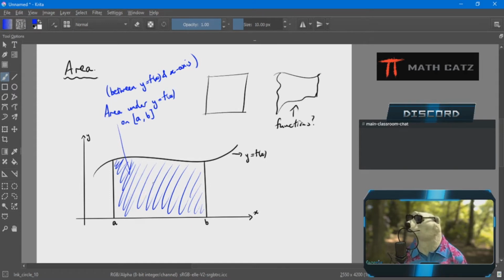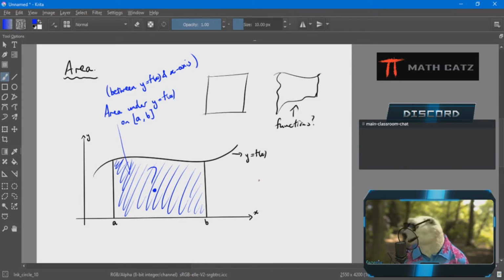So now the question is, what on earth is this area and how is it related to the function? That is the question. Now to do that, we have to explore this blue area a little bit to understand why it's connected to this function in the way that it is.